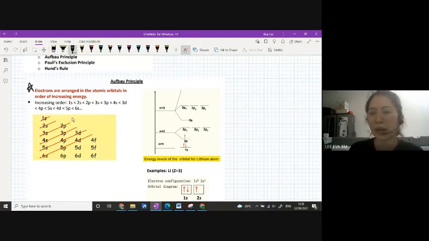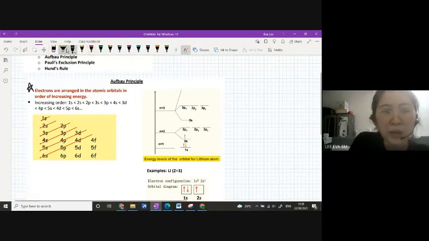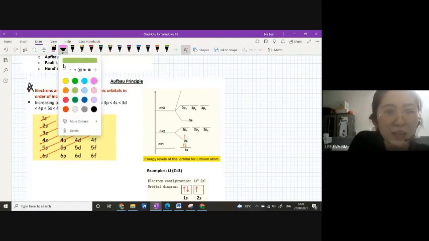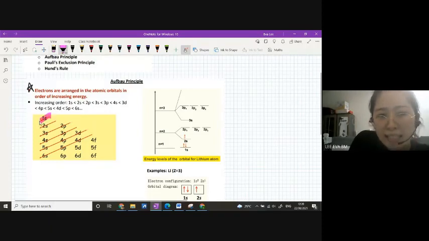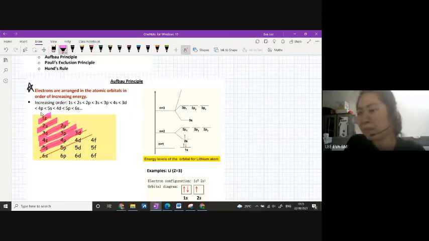So follow the raindrops. I use a highlighter here, with a striking color. 1s, followed by 2s, followed by 2p, 3s, followed by 3p, 4s, 3d, 4p, 5s, and so on.